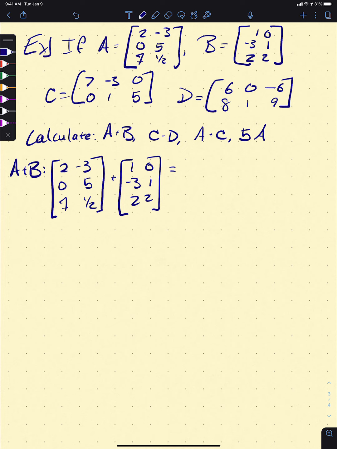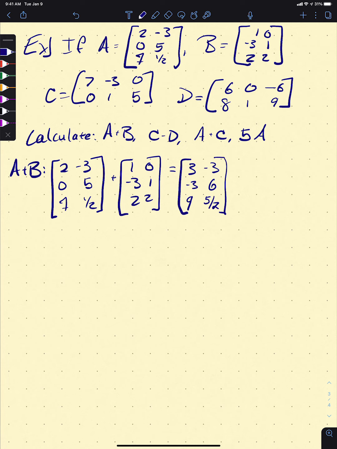So we're going to get a 3 by 2 matrix at the other side. Our first element is going to be 2 plus 1 for 3. Going over, we have negative 3 plus 0 for negative 3. 0 plus negative 3 again is negative 3. I see 5 plus 1 is 6. I see 7 plus 2 is 9. And I see 2 plus 1/2 is 5/2.